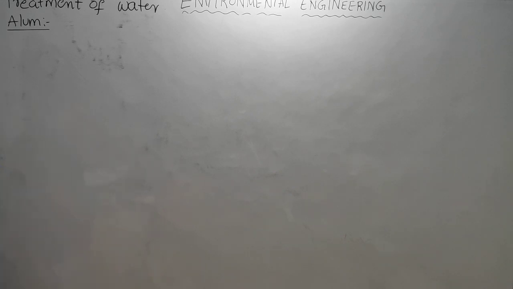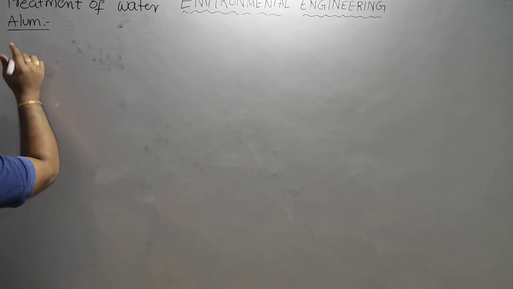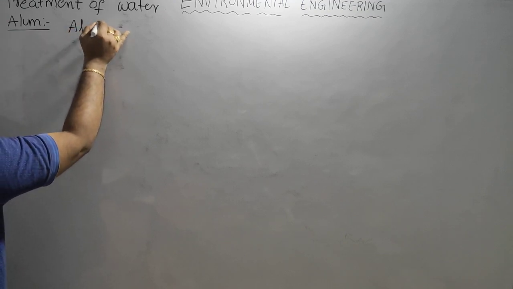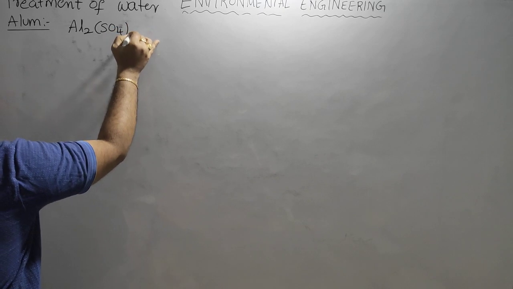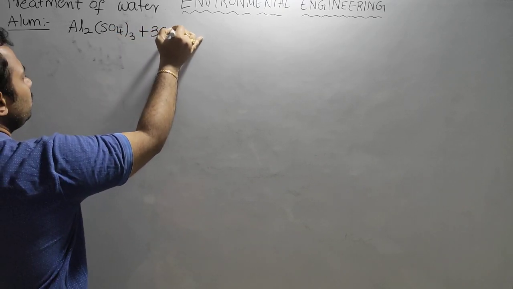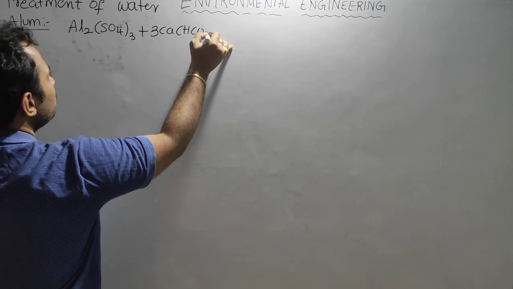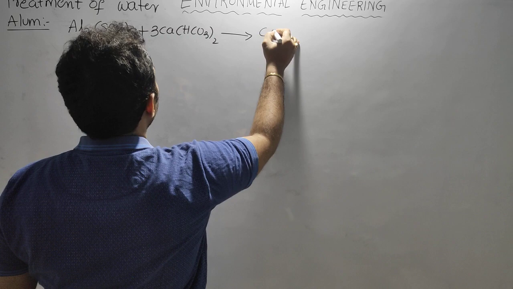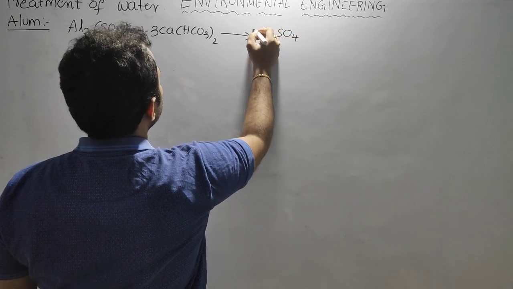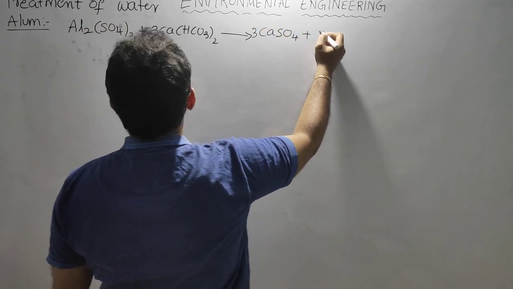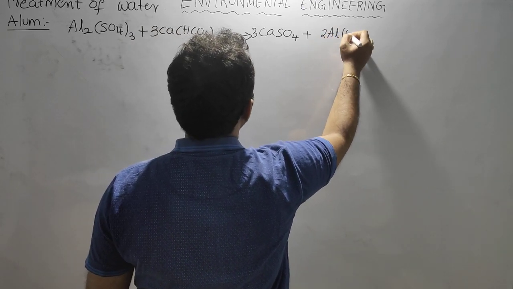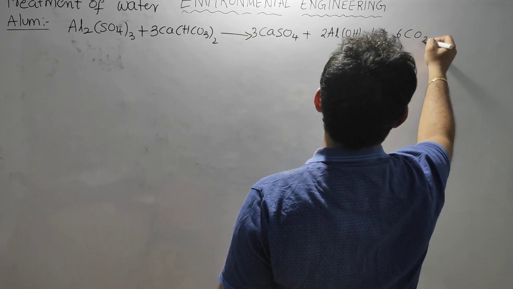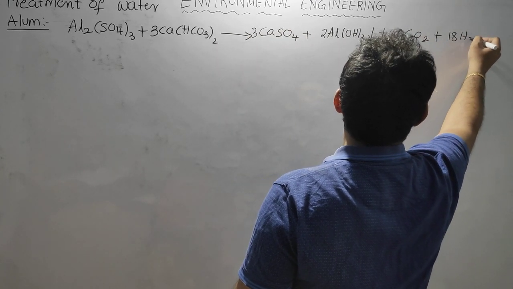See here, so alum Al2(SO4)3 plus 3 Ca(HCO3)2 gives rise to 3 CaSO4 plus 2 Al(OH)3 plus 6 CO2 plus 18 H2O.